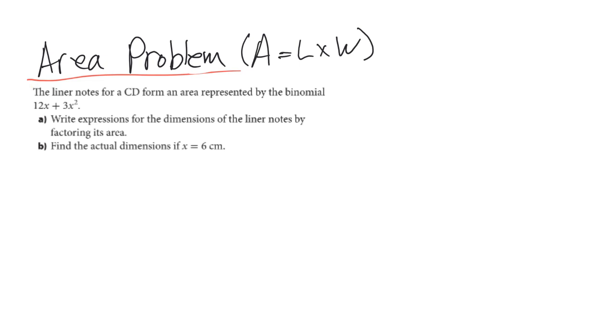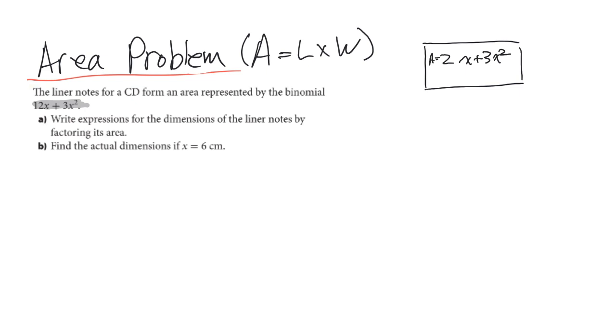So the liner notes for a CD form an area represented by the binomial expansion of this. So basically what we have is a CD that has this equation for our problem. And what we're going to do is the original box kind of looks like this. The area is equal to 2x plus 3x squared.